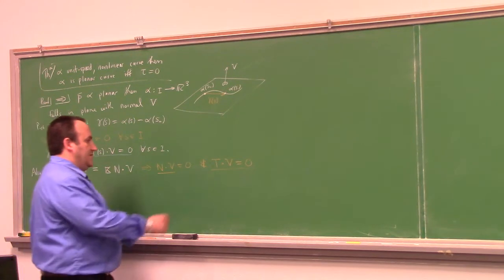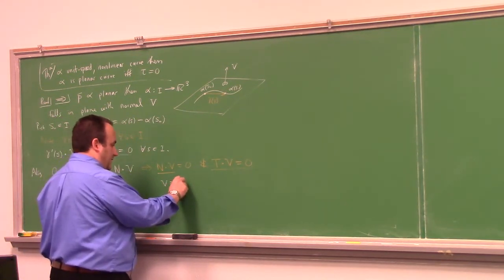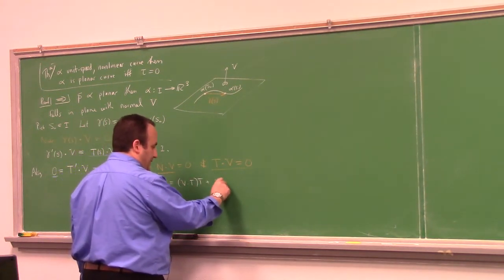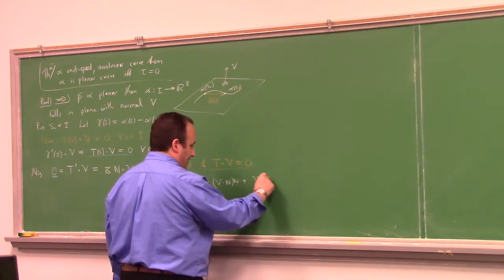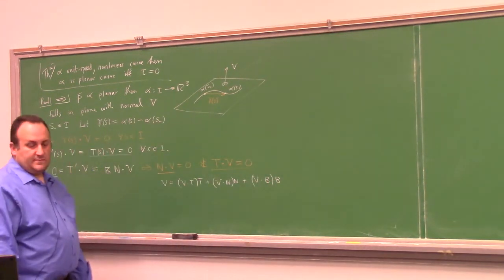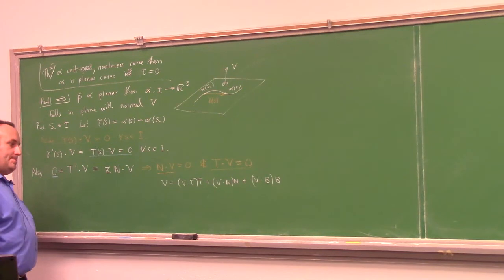If you don't see it, you can expand V as V dot T plus V dot n plus V dot b at each s. And what's that?